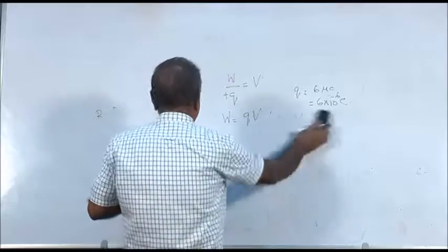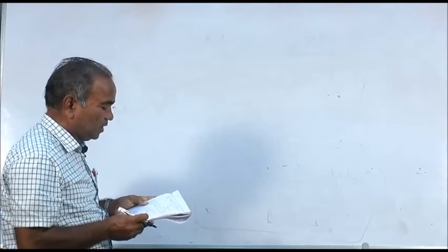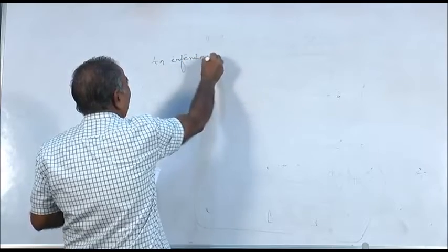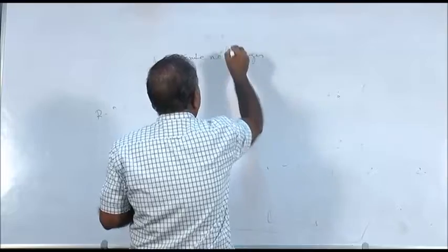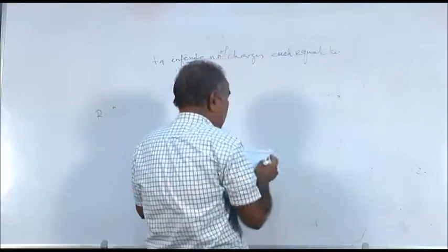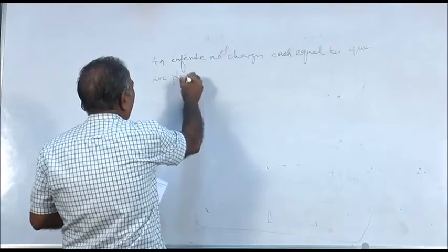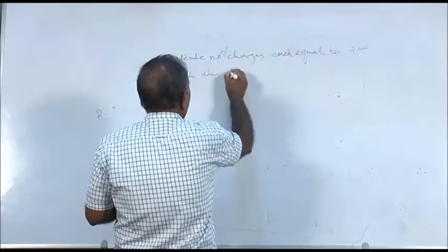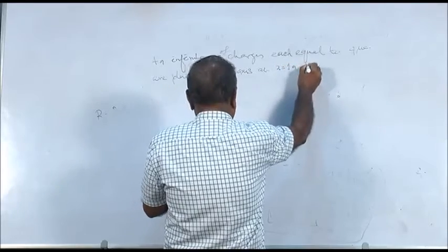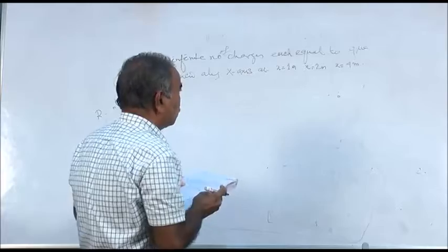Then another problem: an infinite number of charges, each equal to 4 microcoulomb, are placed along the x-axis at x is equal to 1 meter, x is equal to 2 meter, x is equal to 4 meter, like that, and so on.